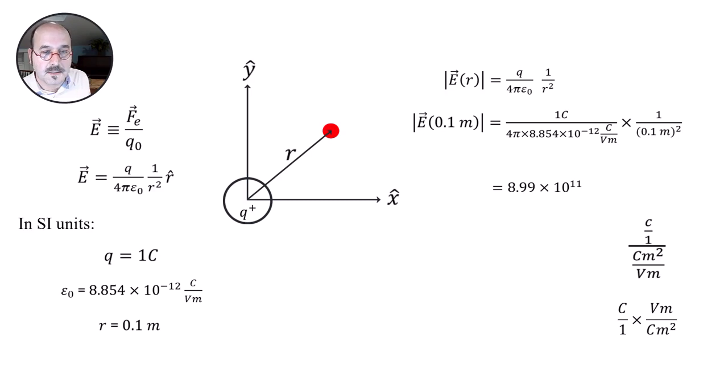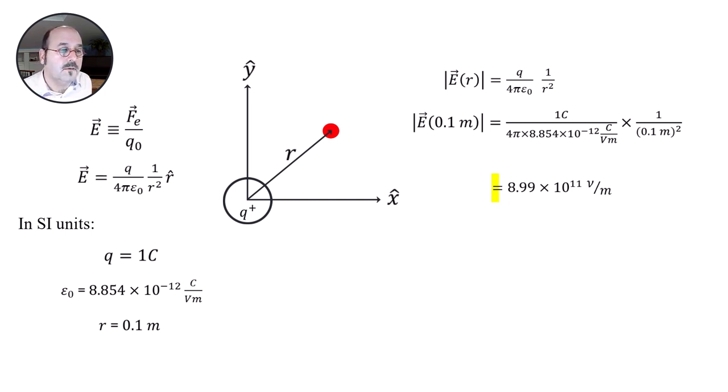And if you remember how to cancel, I've got coulomb in the numerator and then in the denominator. I'm just going to draw a line through those, and they don't cancel to 0, they cancel to just 1. And then now I've got volt meter over meter squared. I can get rid of a meter in the top, and I can remove the exponent. So if you can carefully see what you have left there, it ends up being volts per meter. I'll write that in here: volts per meter.